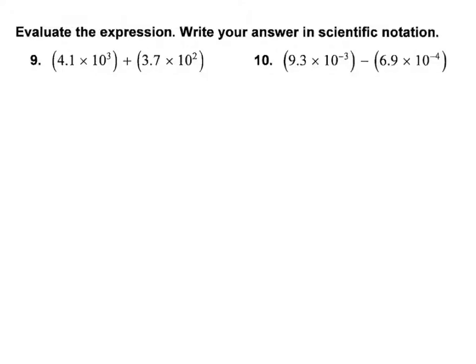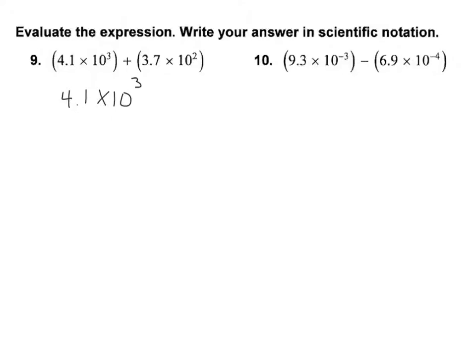We talked about in our lesson when we had 4.1 times 10 to the third, if this number here got smaller, meaning we took this decimal and moved it here, it would make this exponent 1 larger. So let's do the opposite.